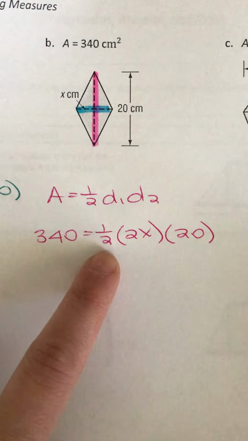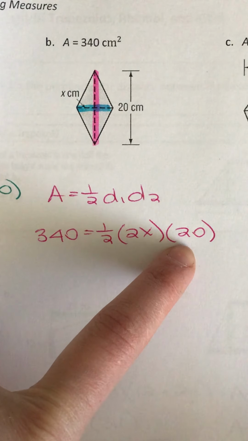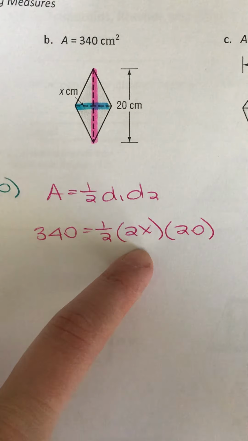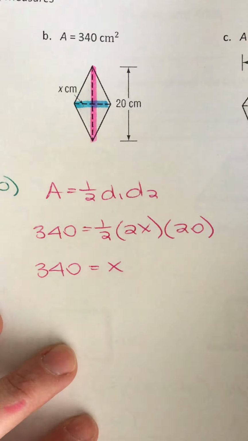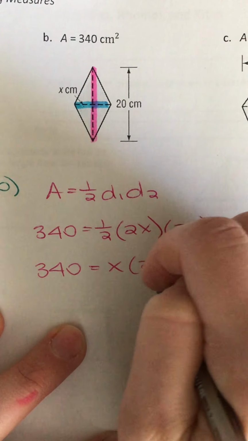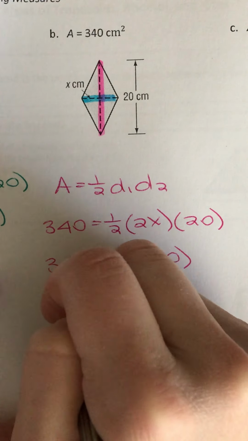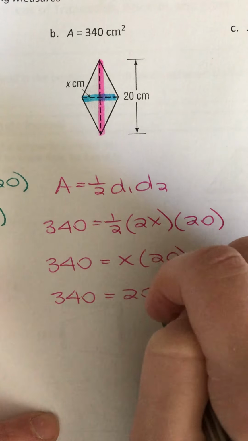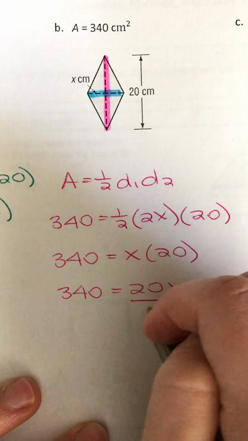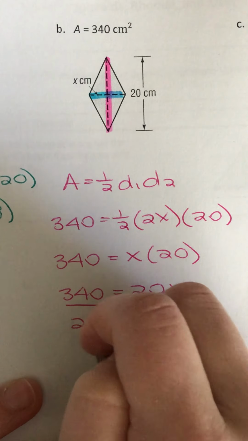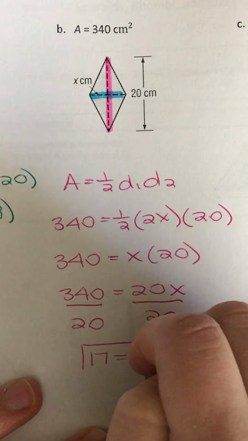Again, I could take half of 2x, which is just x, or half of 20, which is 10. So I'm going to take half of 2x. Half of 2x is just x times 20. If you want to rewrite it a little more like we're used to, it's 20x. Divide both sides by 20. And 17 is my x.